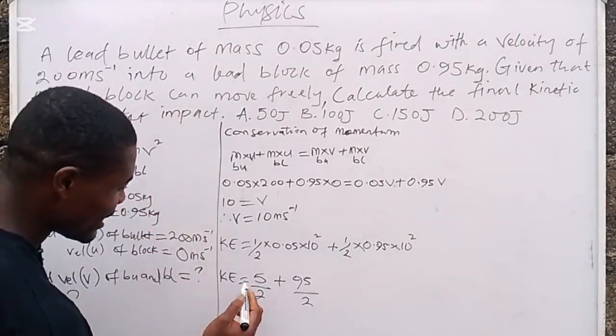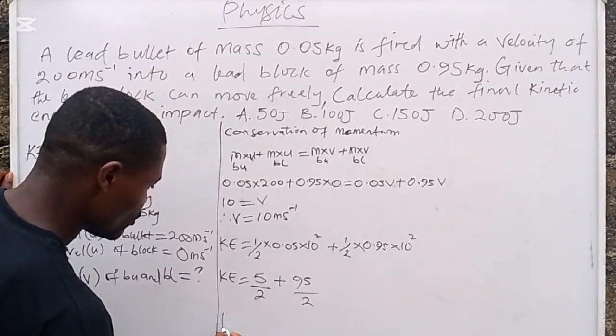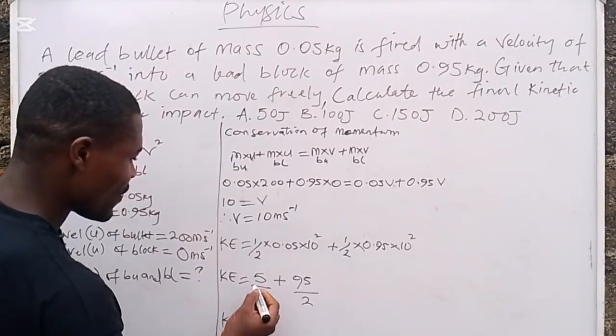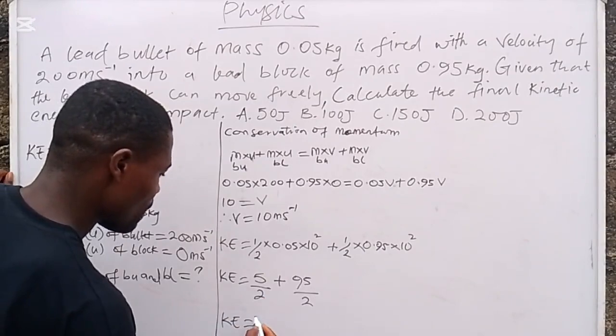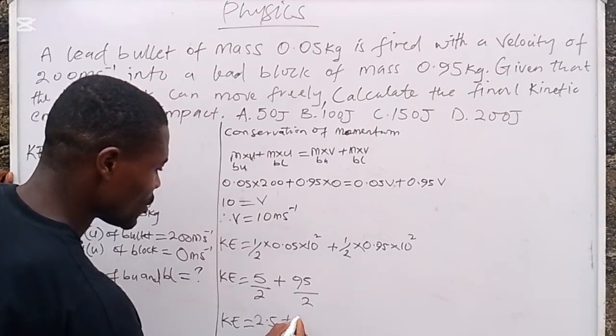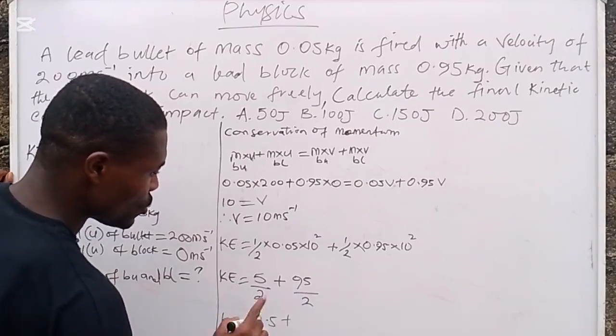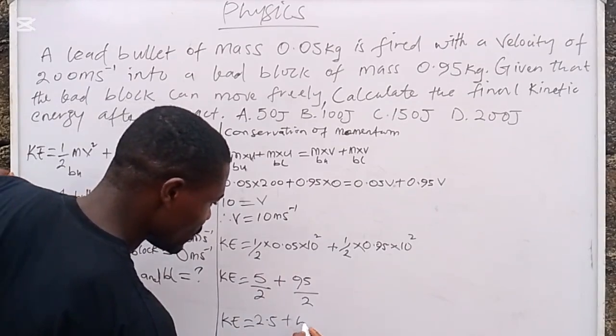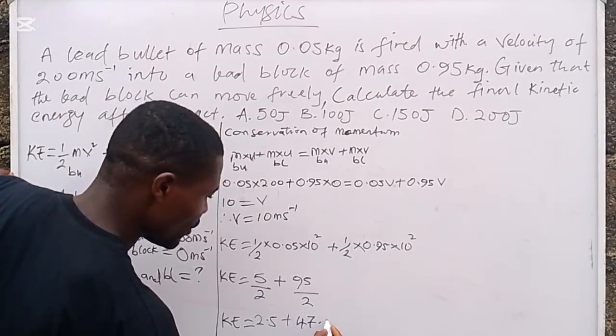Now, there are different ways you can use in solving this, but we are going to use this easier way, which is 5 divided by 2, that should be 2.5, plus 95 divided by 2, which should be 47.5.